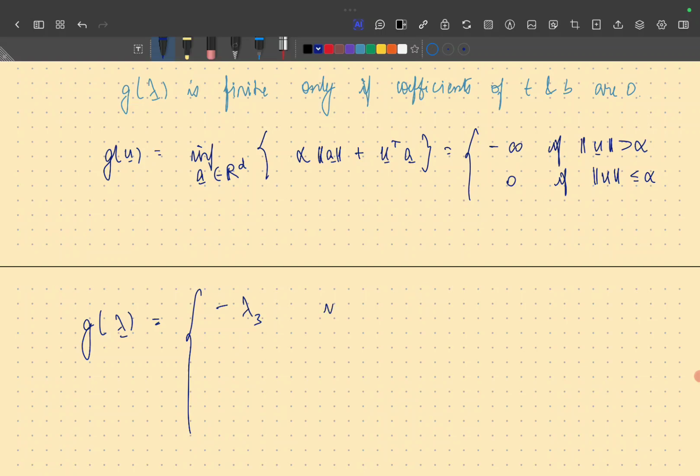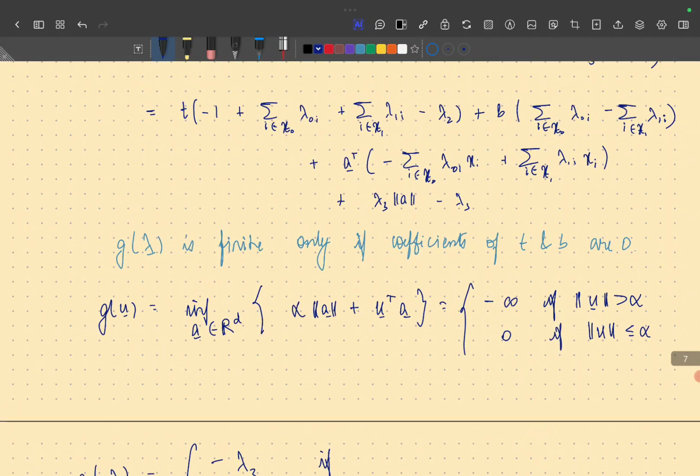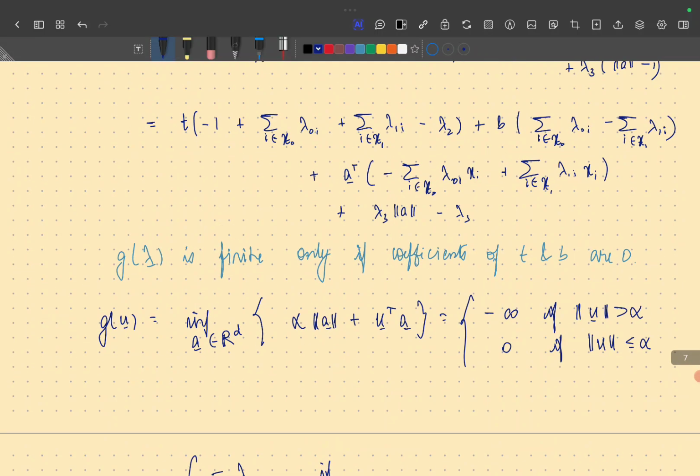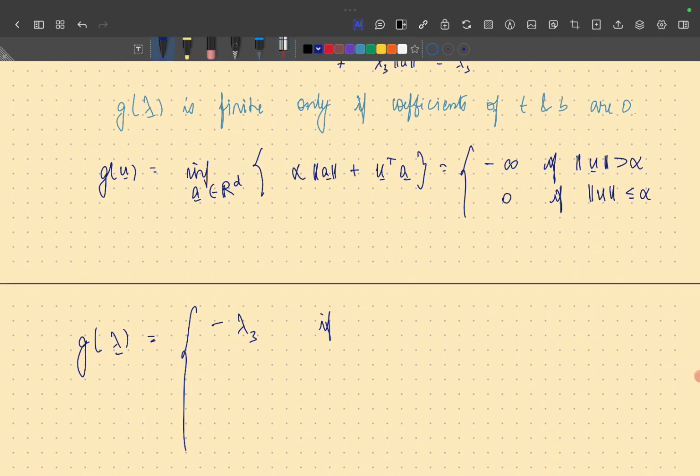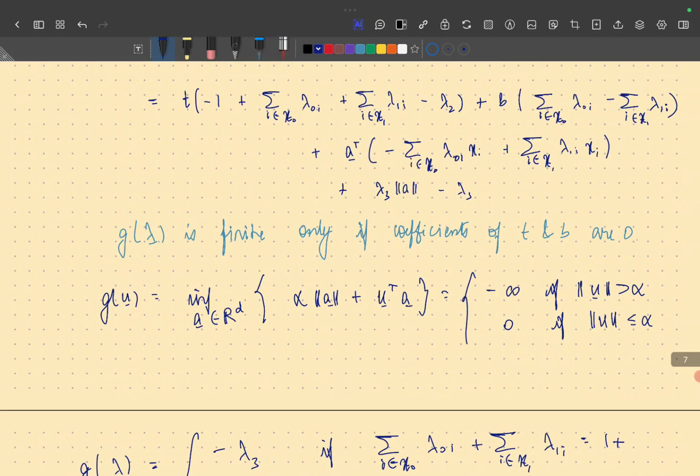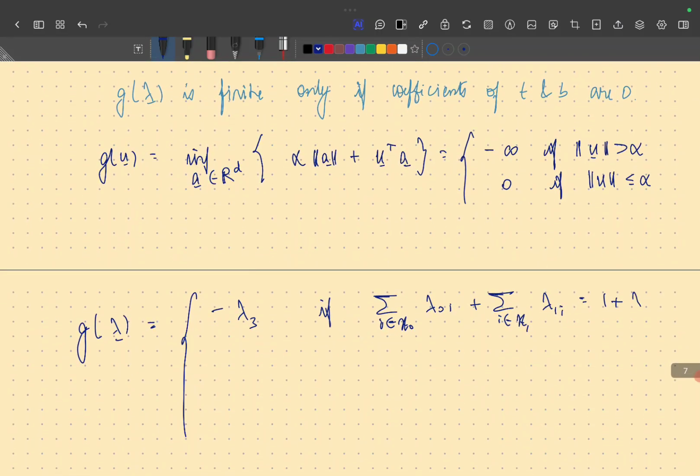So it's finite if this term is equal to 0, which gives the summation over i in x0 of lambda 0 i plus the summation over i in x1 of lambda 1 i equal to 1 plus lambda 2.